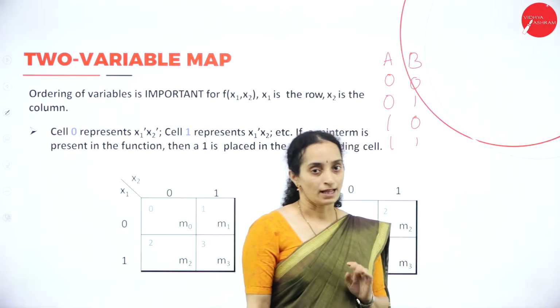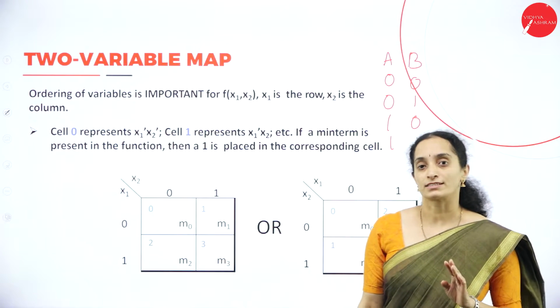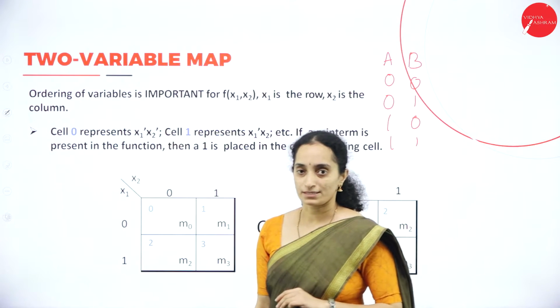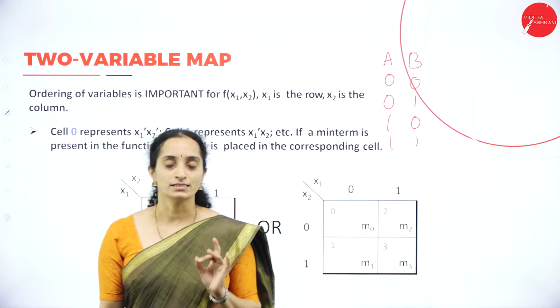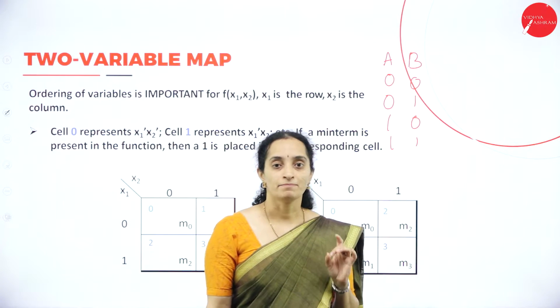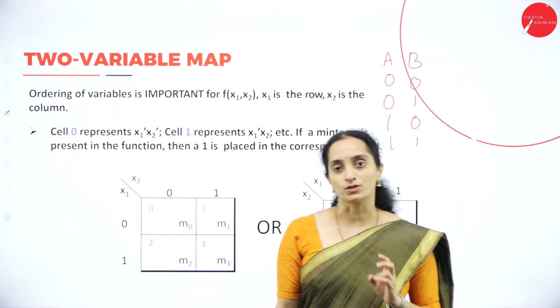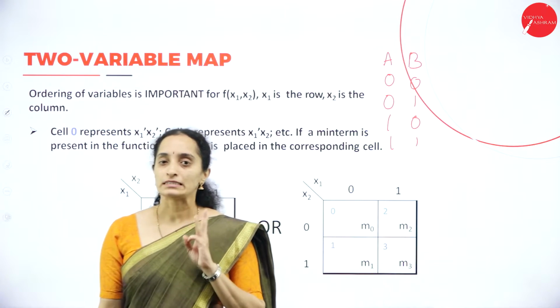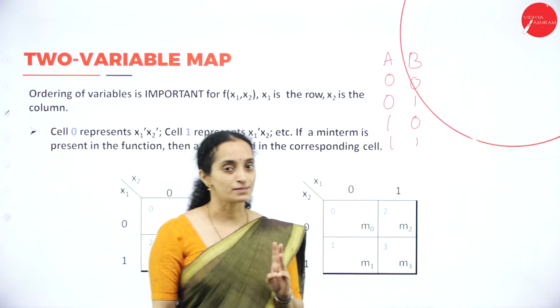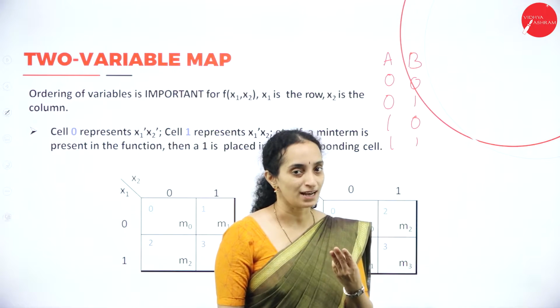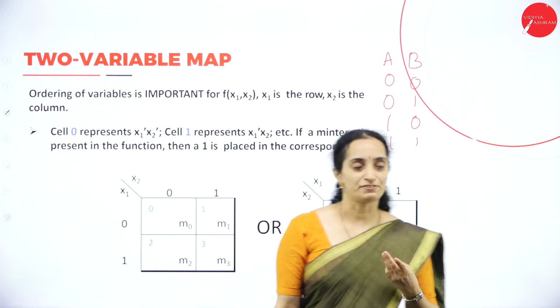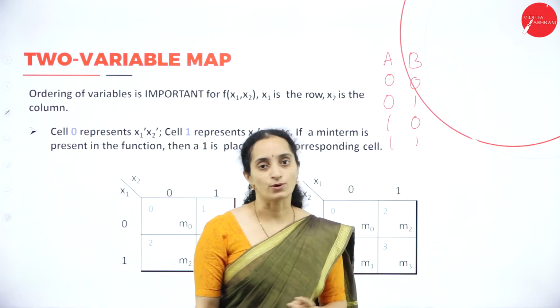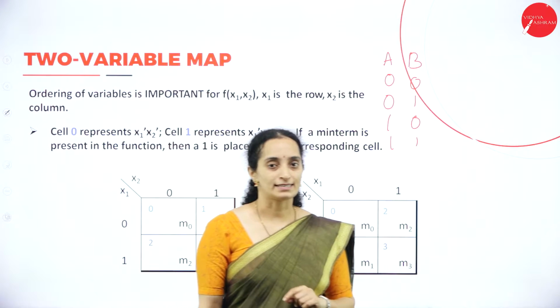Another type of function you can have is a function with three variables like x, y, z or a, b, c or p, q, r, anything you can take. Three variables will have 2 to the power of 3, 8 different combinations of 0 and 1, isn't it?